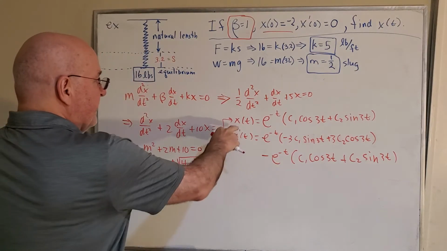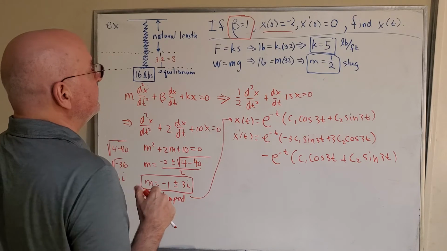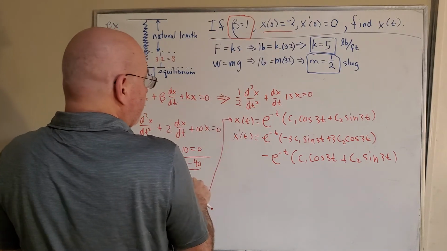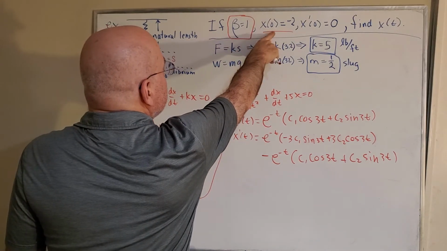Okay, so now we've got x of t and x prime of t. We can figure out what c1 and c2 are by plugging this in.